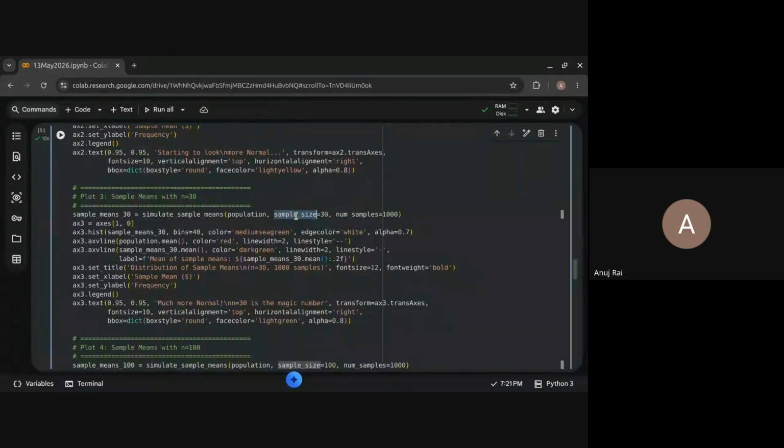So sample size is the number of times you did the survey, and number of sample is how many people you involved in each individual survey. The population over here is 1 lakh.